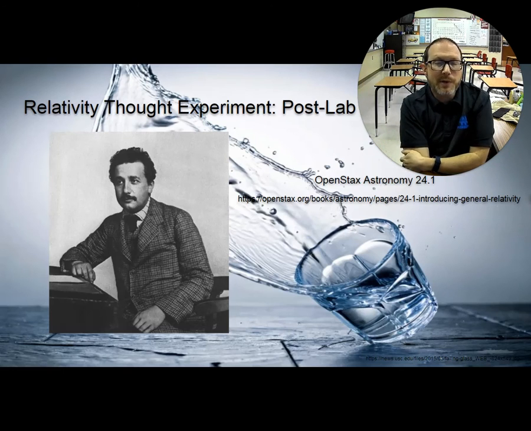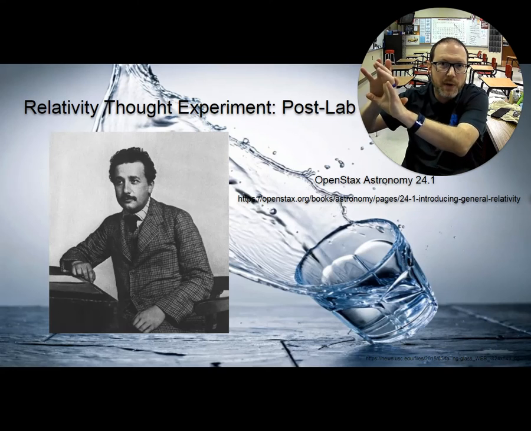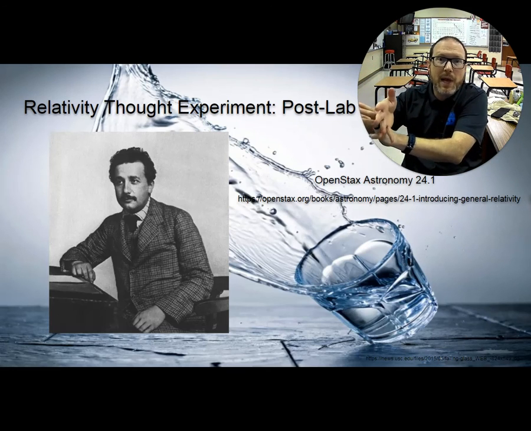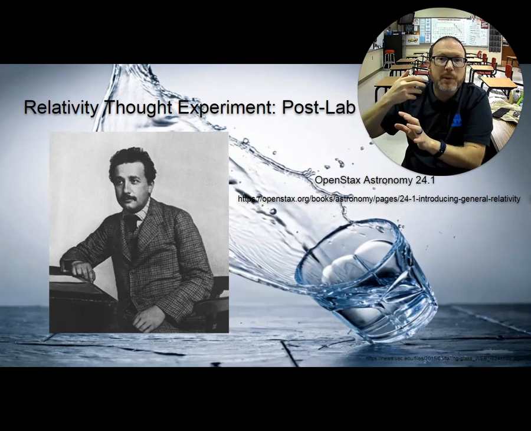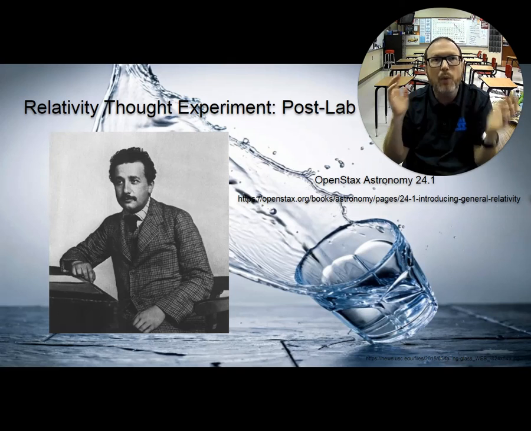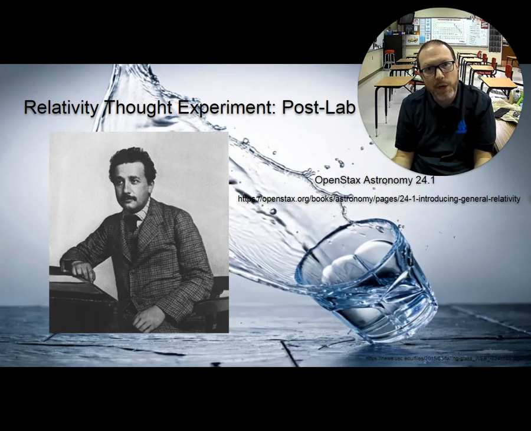This was tested a few years after he made the theory during a total solar eclipse. Astronomers mapped out very carefully the positions of stars, and then if Einstein's theory was correct, then the path of light from those stars should get bent and distorted as it passes close to the sun, which you normally can't see because the sun is so bright.